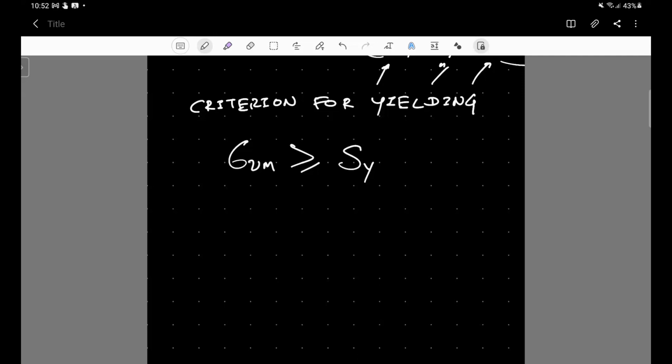So based on such graphical plots, you can conclude about the behavior of a material based on certain boundary conditions.